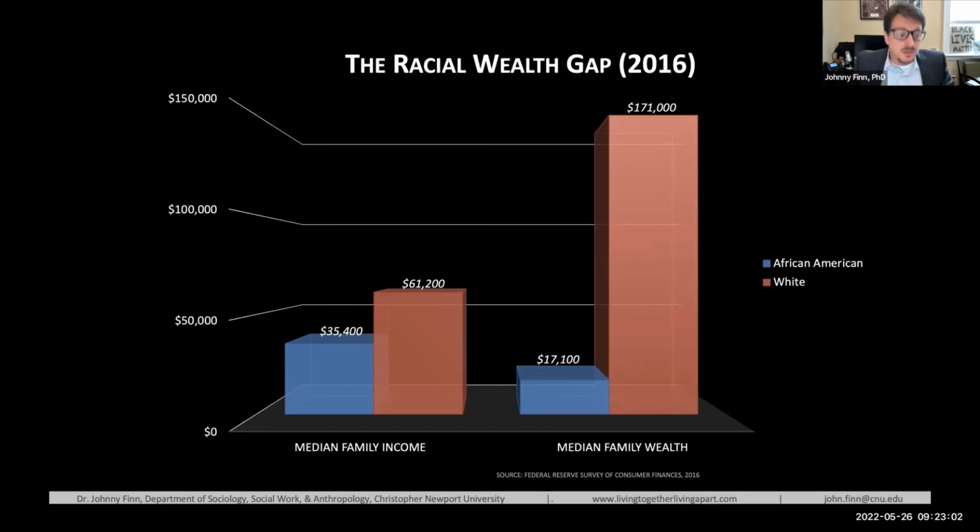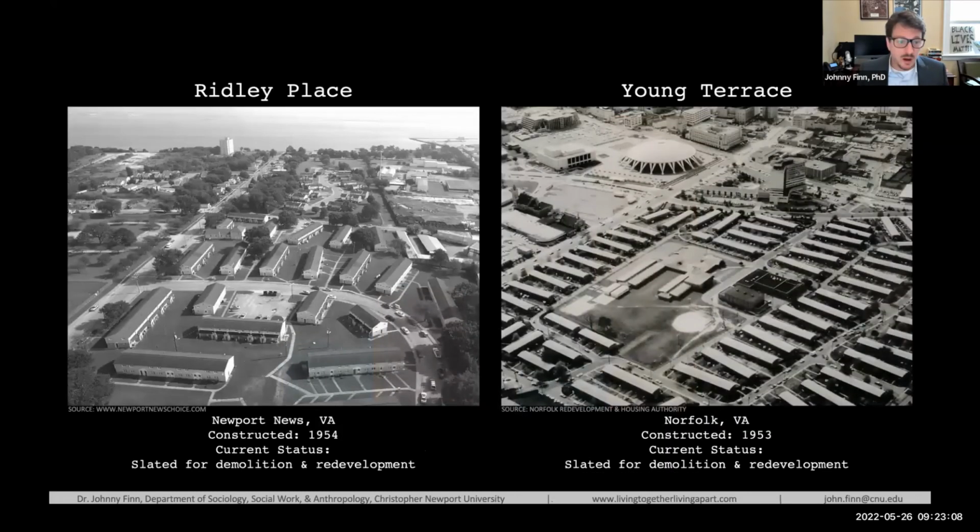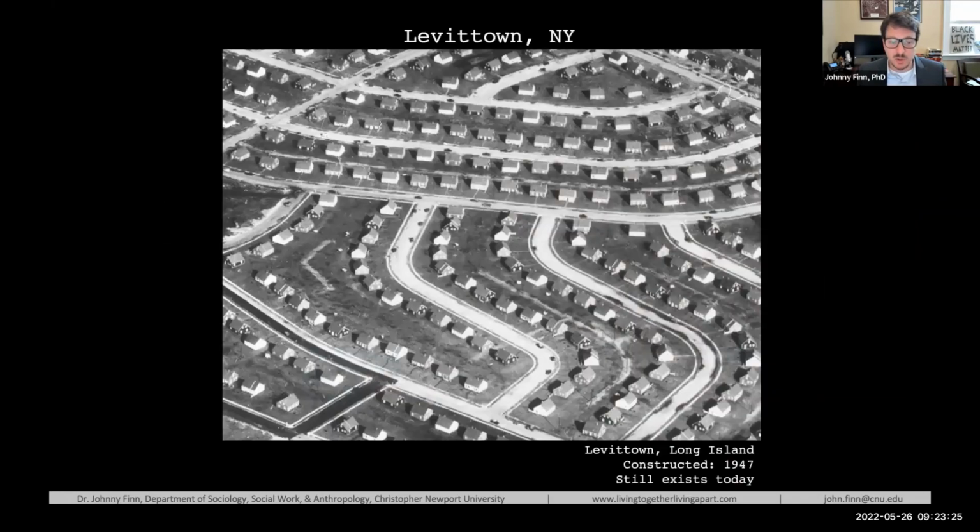Yeah, that's true, and part of that is the history of, and I'm going to go to this slide here, how essentially in the same time period from the post-World War II era up to the early 70s, there were two different kinds of housing policies going on. One, the housing policies surrounding suburbanization, which was almost exclusively for white families.